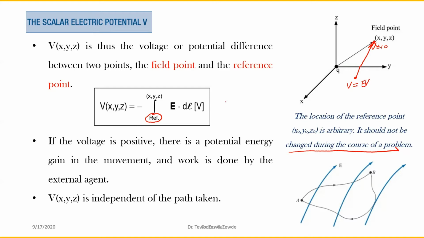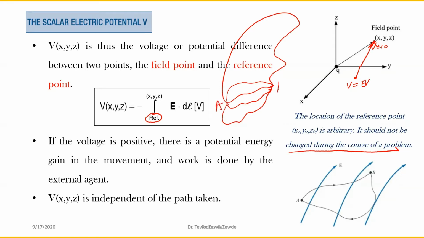So let's say this is A and this is B. As you can see, there are many ways to go from A to B, but the potential difference is independent of the path taken from A to B. Whether you go along the longest path or the shortest path, you still get the same thing.